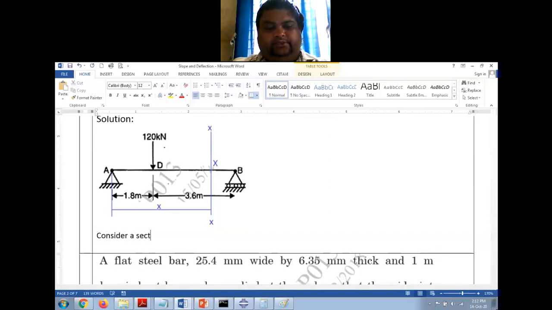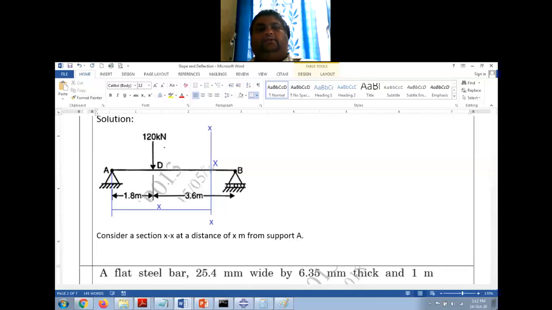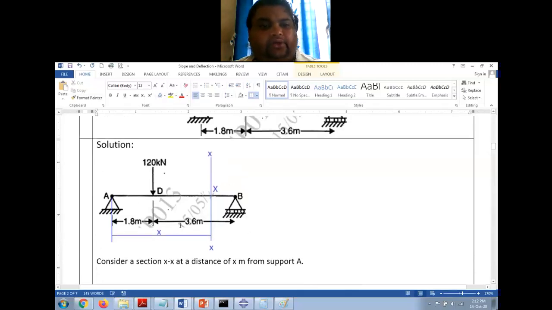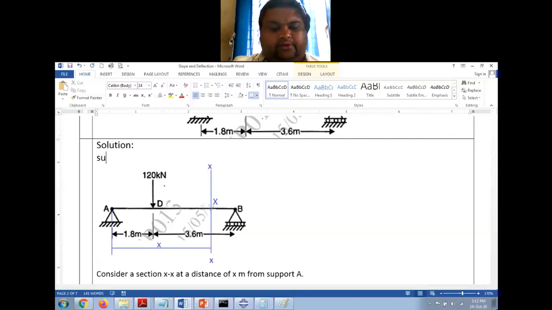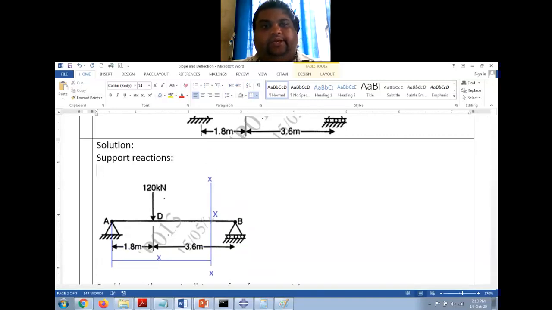Consider a section XX at a distance of X meter from support A. Now what is the bending moment at this section? Oh, sorry. First thing you need to do is you need to find the support reactions. Let me start from here. Support reactions.